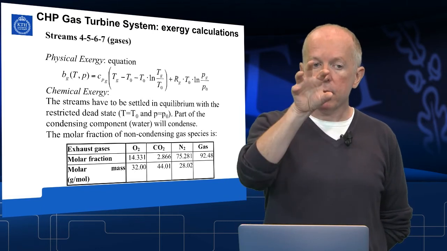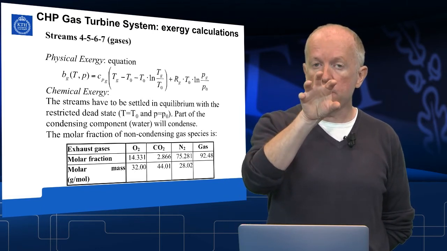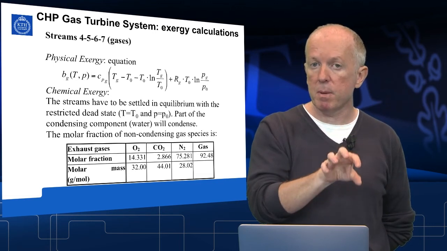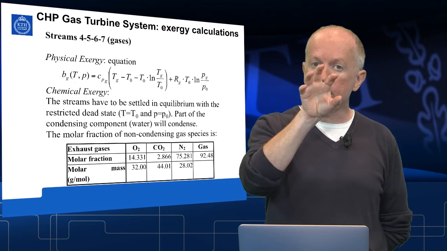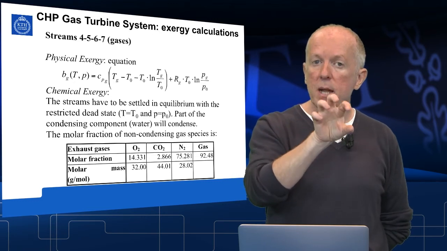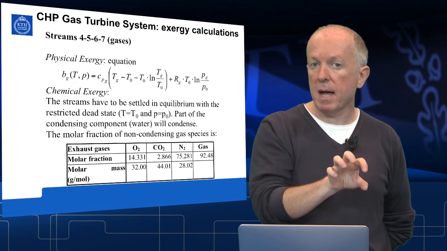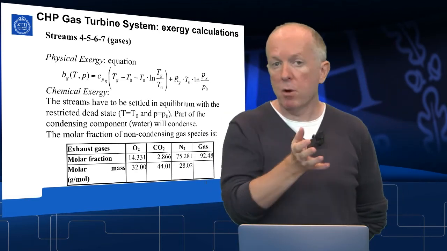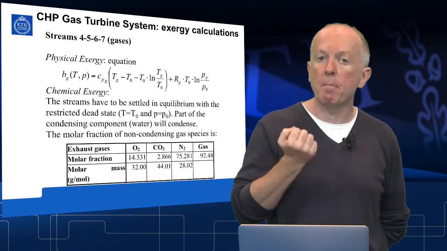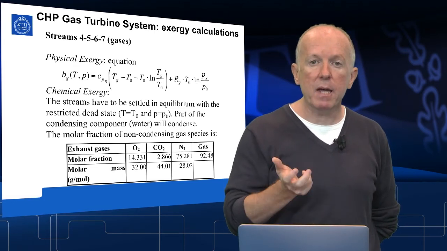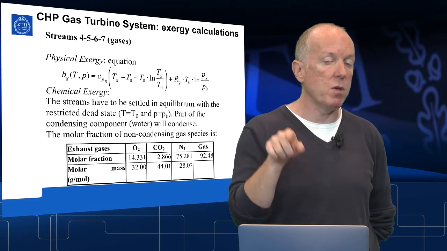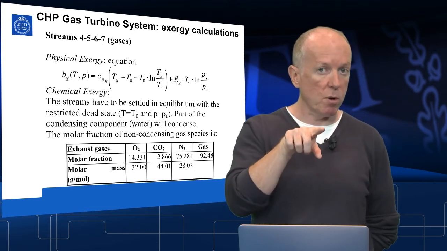But remember, the stream of mass has been put in physical equilibrium with the biosphere, so in T0 and P0. When you take a stream of mass and you put it in equilibrium with the biosphere at a usually lower temperature, which is T0, and a lower pressure, which is P0, something can happen, modifying the physical state of some of the chemical species that you have in your mixture.